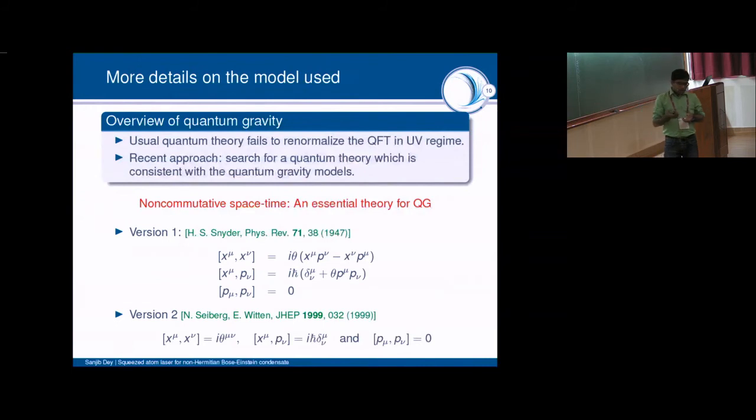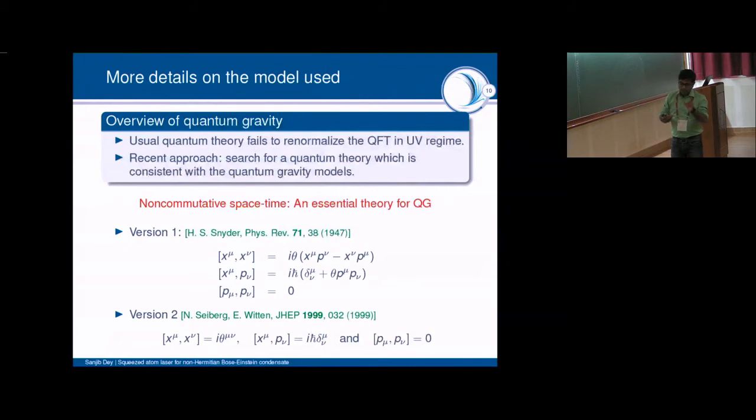So what people basically do is use some kind of deformation structures. For example, non-commutativity is one of them, which they use to introduce the cutoff. For instance, in the very first version of Snyder, the commutation relations were introduced in the hope that they would be able to regularize the quantum field theory, and this is indeed the case.